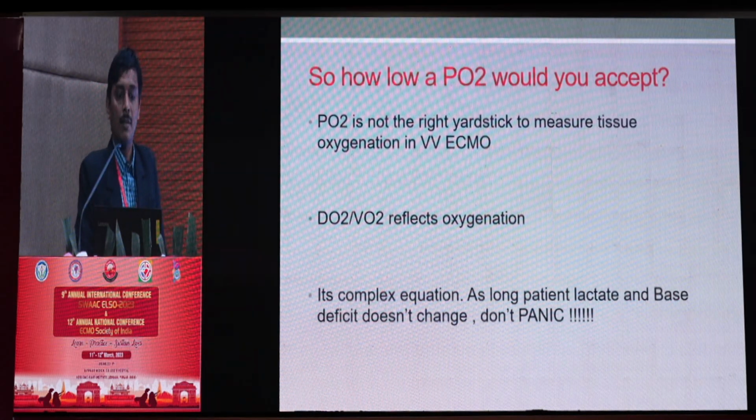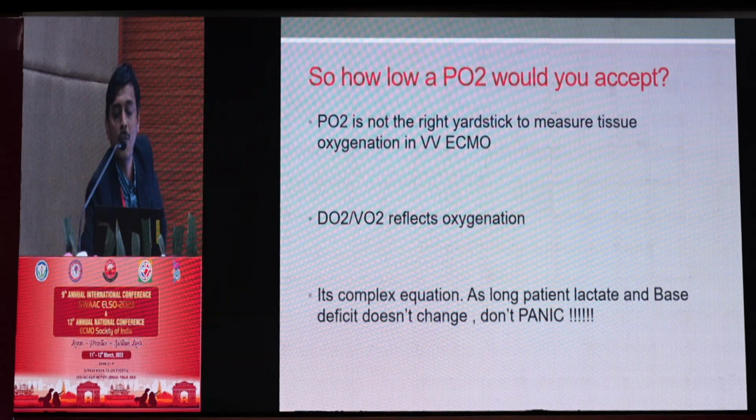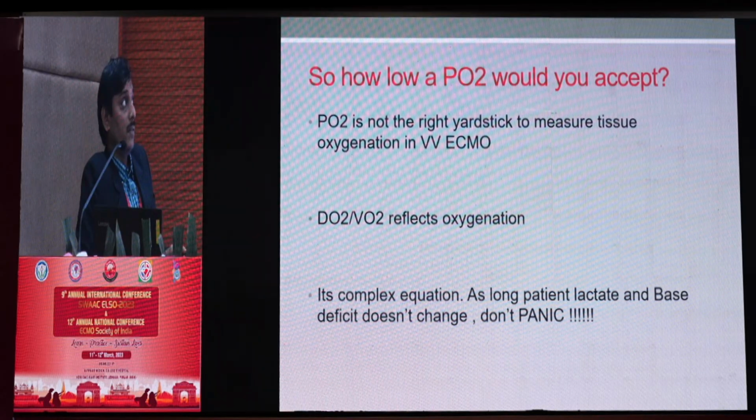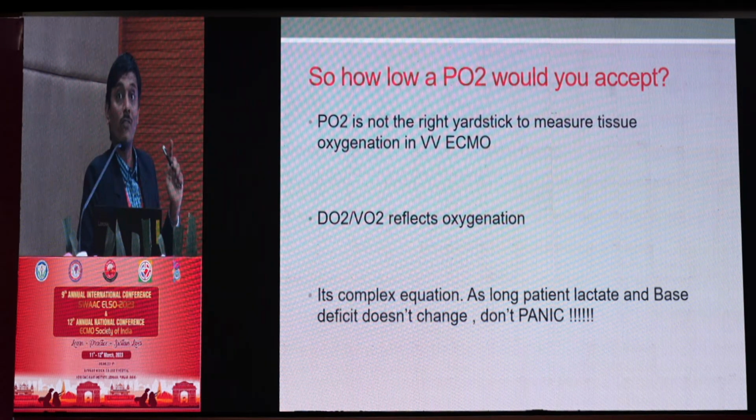So finally, the last slide: how low a PO2 would you accept? To me, the answer to this question is that PO2 is not the right yardstick to measure tissue oxygenation on ECMO. You don't have to worry about it until you start thinking about the DO2-VO2 ratio. This is the right yardstick to look for oxygenation on VV ECMO.